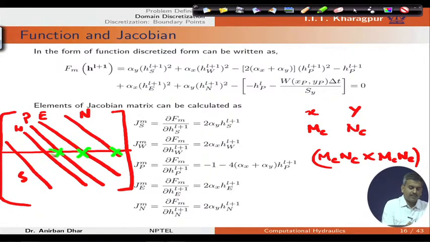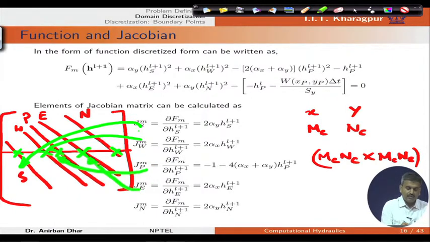These points will be obtained from these equations. Obviously, this will be J S. So, S means this one, this is W, W is this one, P is this one, E is this one, and N is this one.